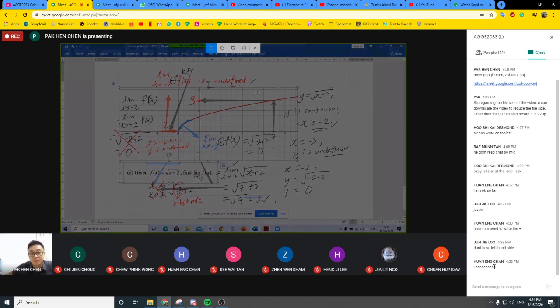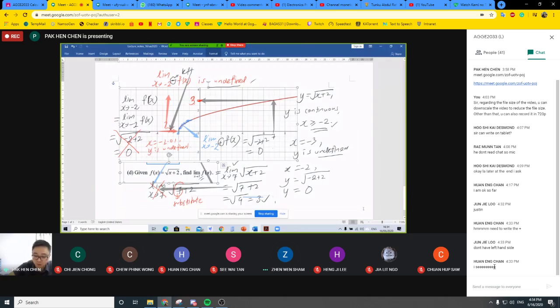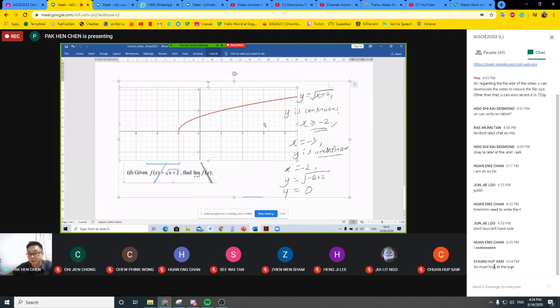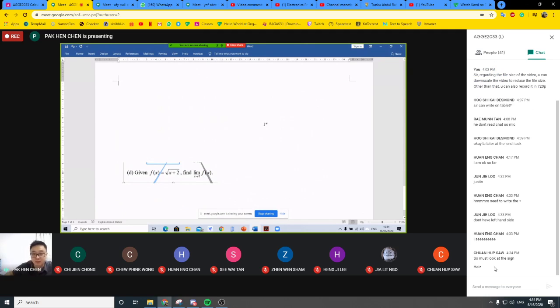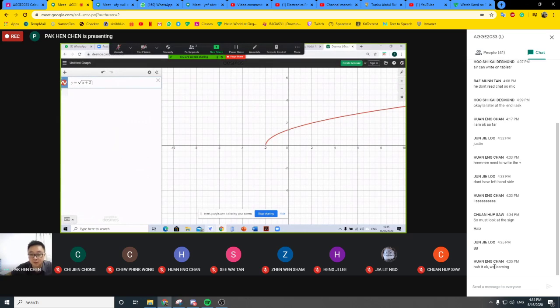Everyone clear? You need to get this clear because it's very helpful for the following subtopic, especially the left and right limits.